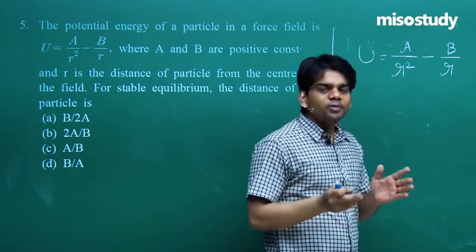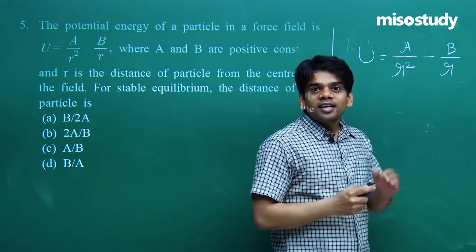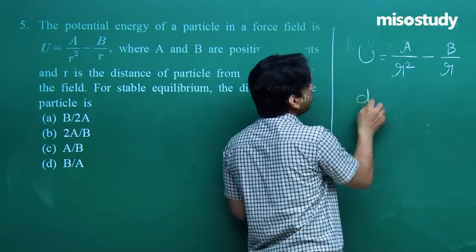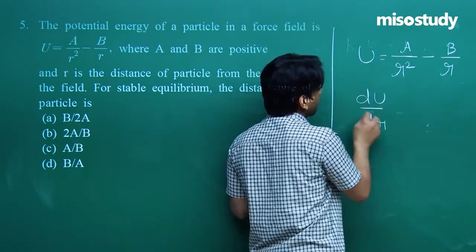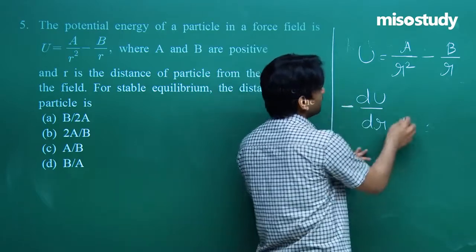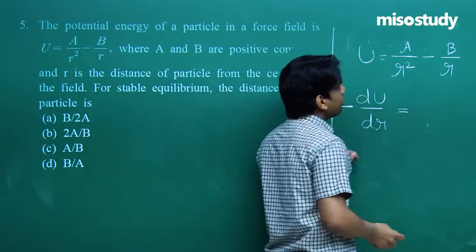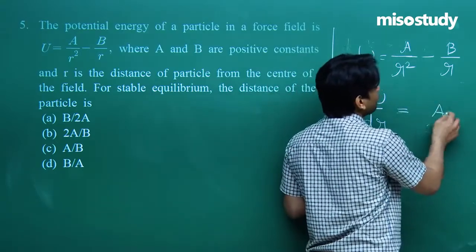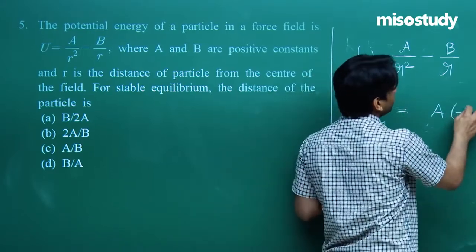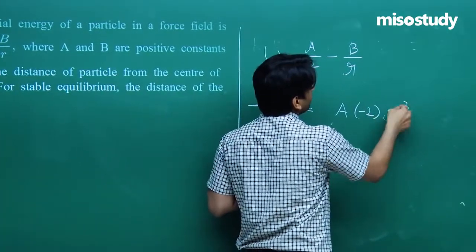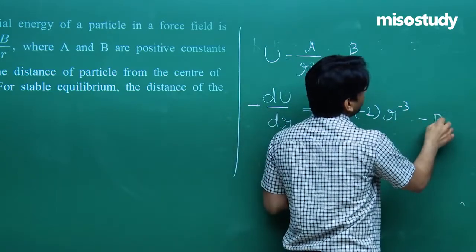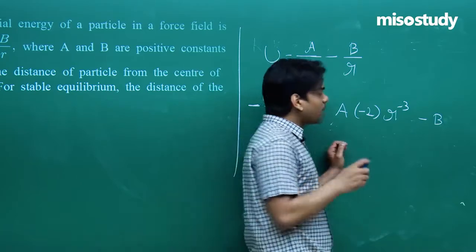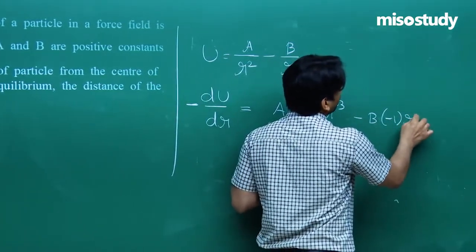Now at any point of equilibrium, try to understand, the rate of change of potential energy should be 0, because force at that point should be 0. So actually we have to write minus dU by dR, that should be equal to 0. So if you write A upon R square as A R to the power minus 2, that will come out to be minus 2 A R to the power minus 3, and minus B upon R, we will be having minus B R to the power minus 1, that will turn out to be plus B R to the power minus 2.